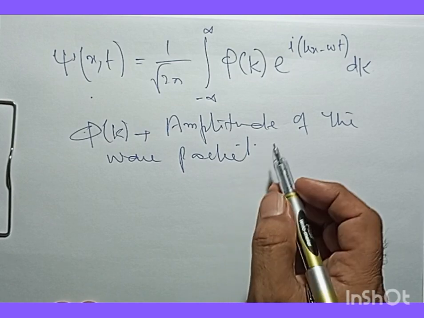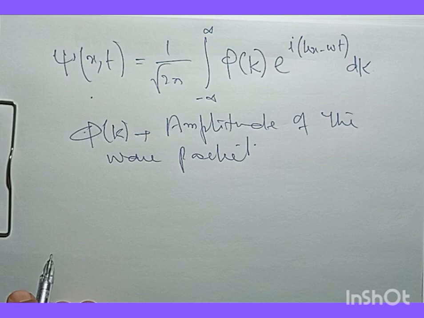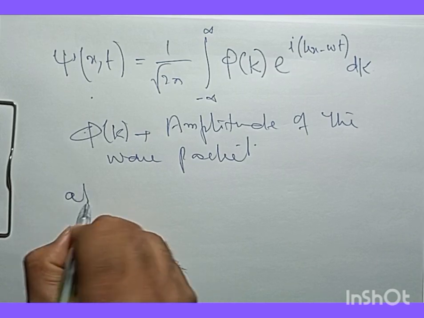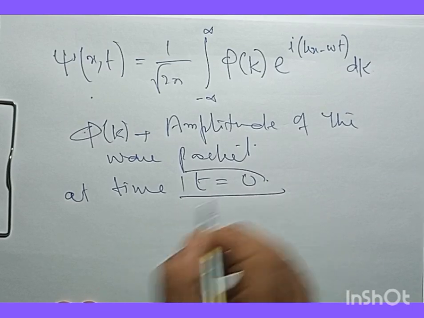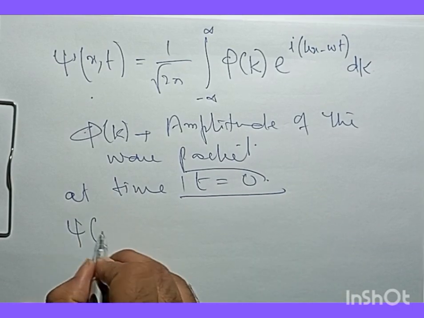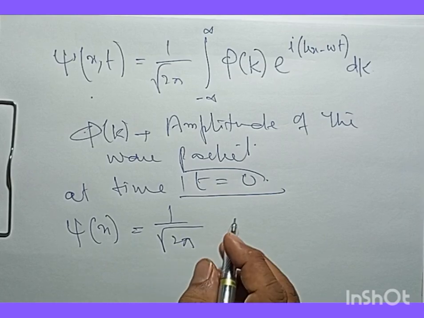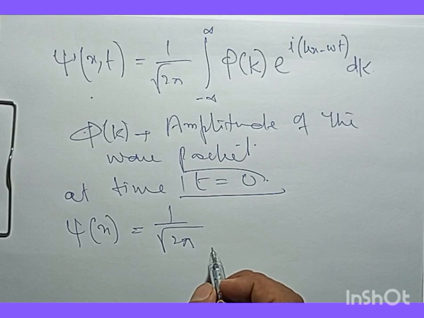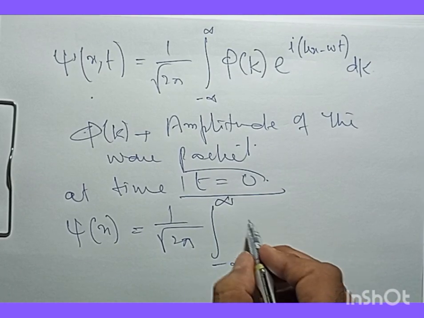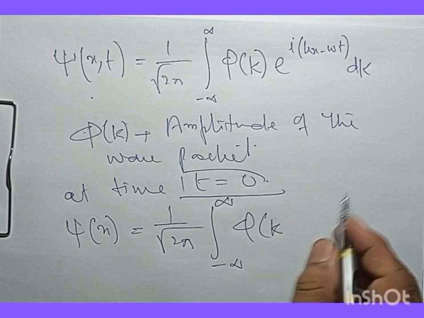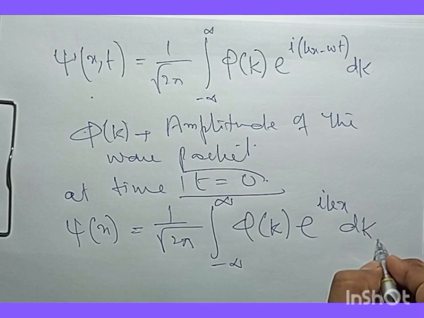Now, if we write down this wave function at time t equals 0, we can write psi of x is 1 by under root of 2 pi, integral minus infinity to infinity, phi of k e to the power of i kx dk.